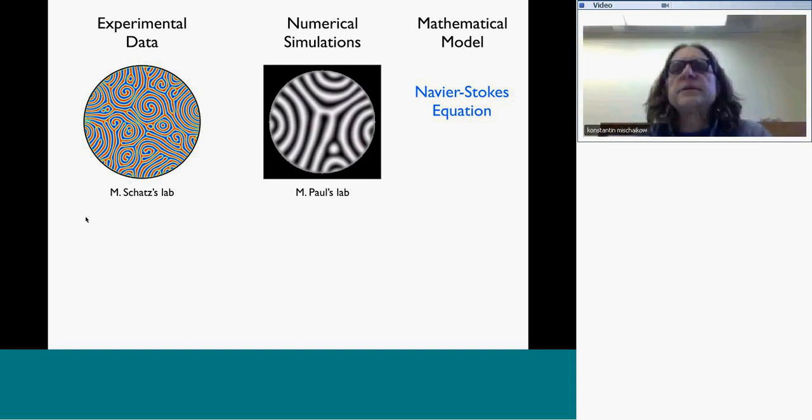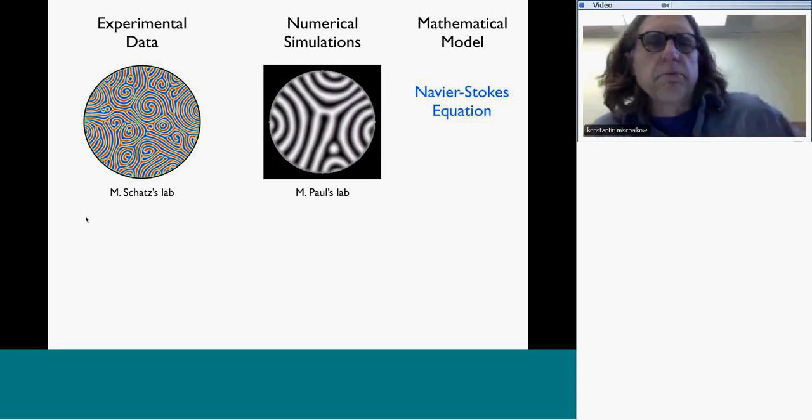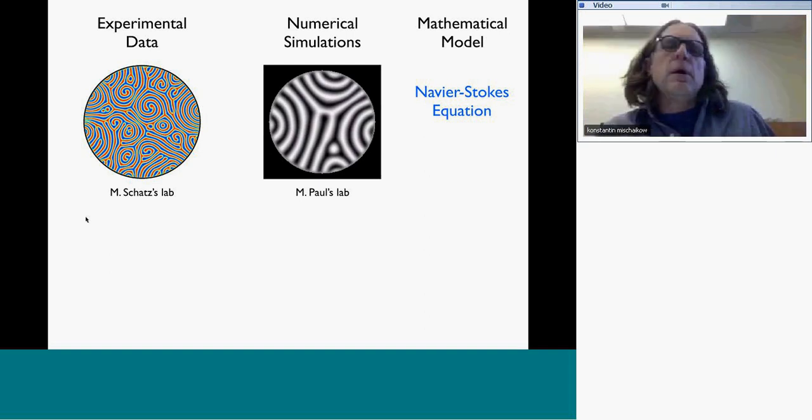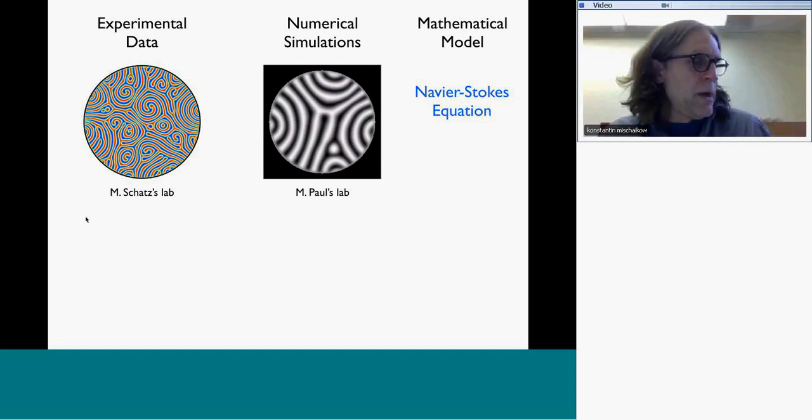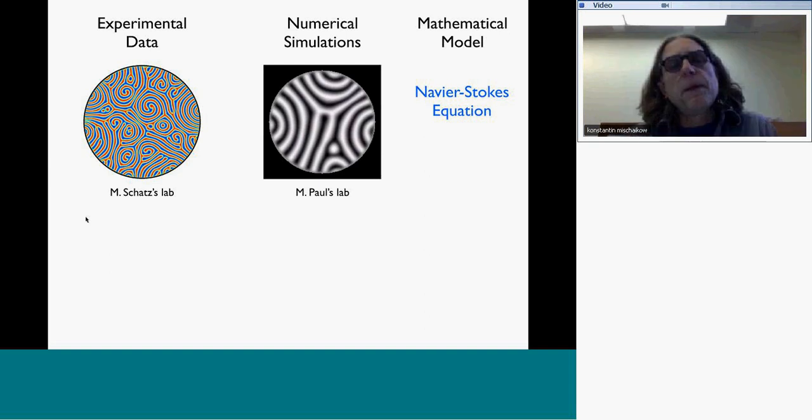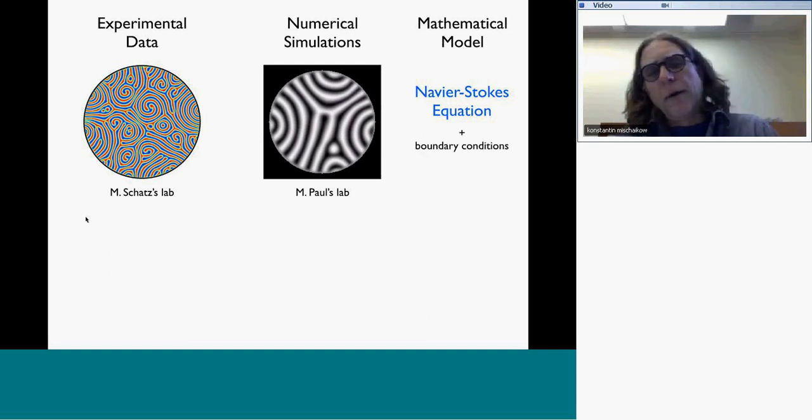Well, one way is to say, look, for the fluids problem, maybe we can get Navier-Stokes to model it. I think everyone would accept that Navier-Stokes is a reasonable model for this. Still, even on that level, there are some subtleties. The fact is that there are boundary conditions.